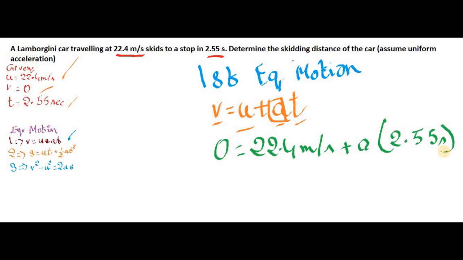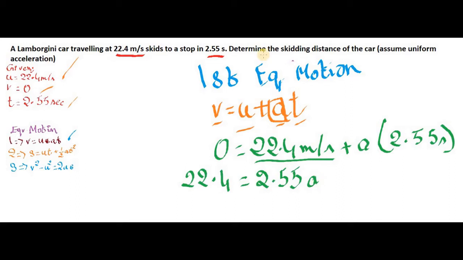First let's take this 22.4 meter per second from RHS to LHS. So this would become 22.4 = 2.55a. This is what we will have remaining.